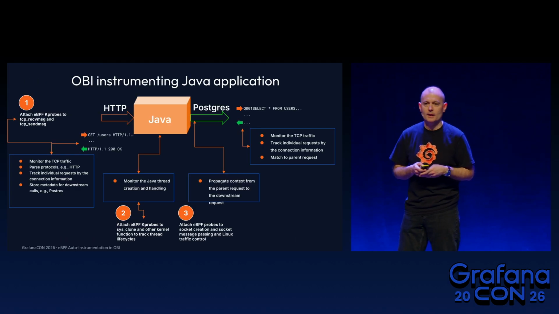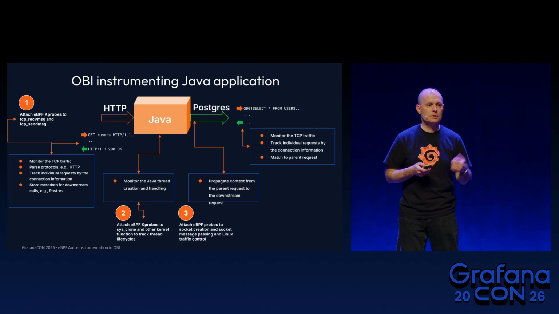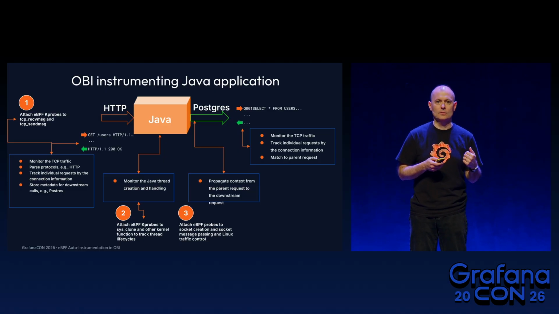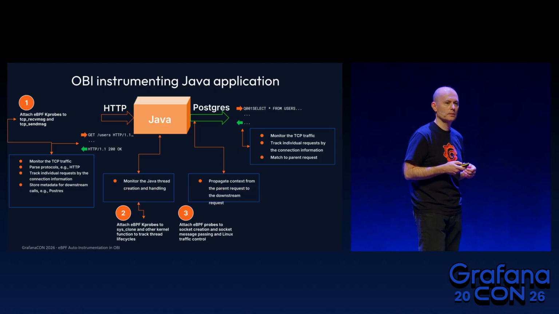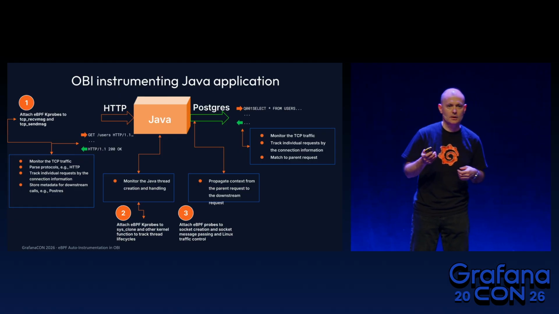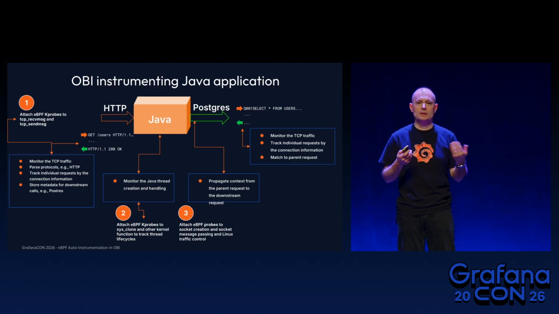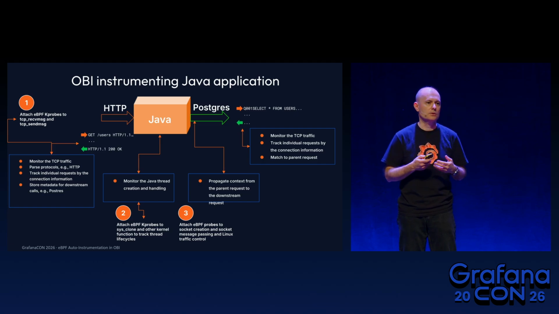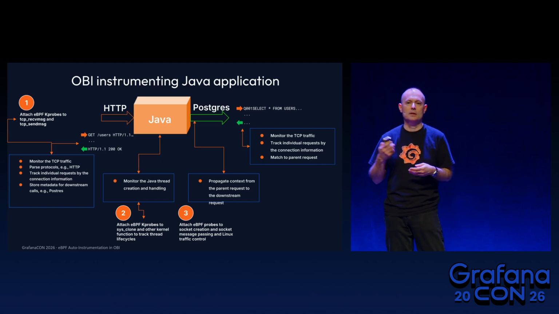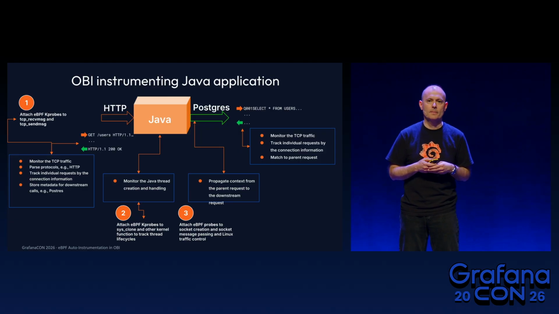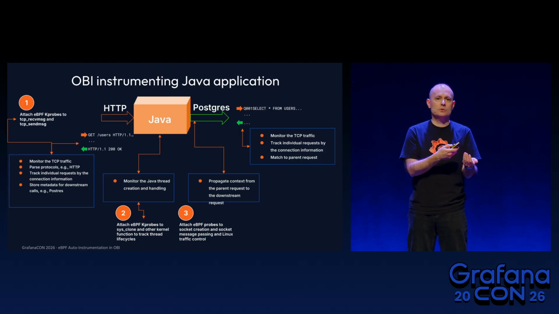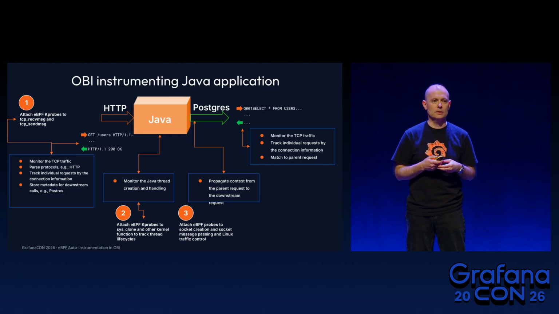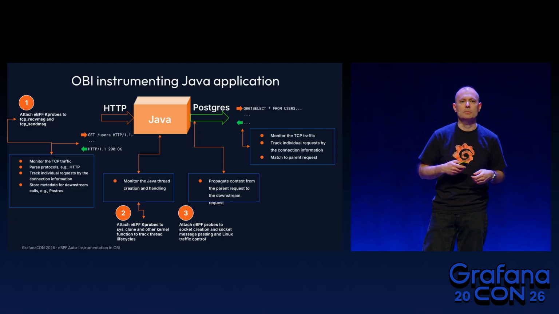So how does this instrumentation happen? This is what we were able to do a year ago, when I presented something similar at GrafanaCon last year. In this case, I'm talking about a Java server that's handling HTTP REST APIs and at the backend is talking to Postgres. With the instrumentation we do typically, the protocols show up in the kernel buffers. We read those, and we can say, oh, that's HTTP on the incoming side.